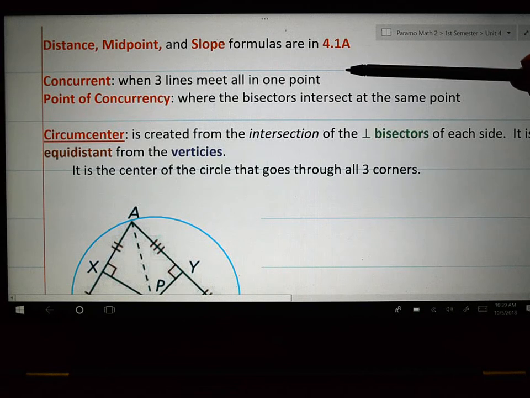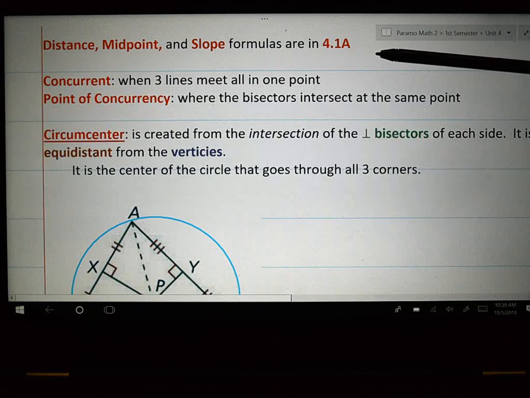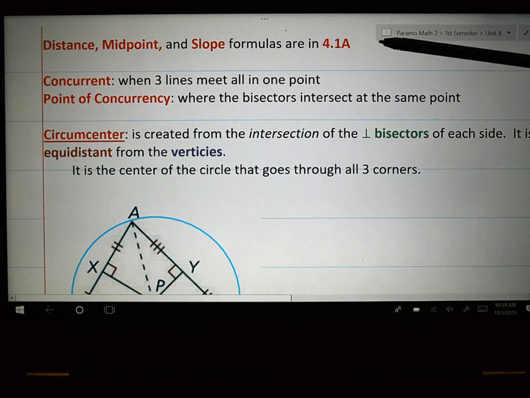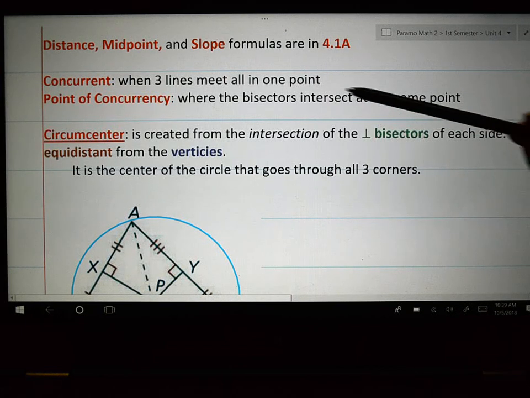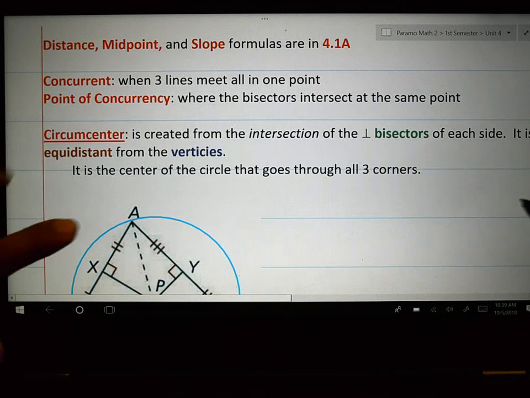Same with their angle bisectors, same with their altitudes, and same with their, what's the last one? I can't remember, but there's four of them. And the word concurrent means all three meet at one point. Where they meet is called the point of concurrency.